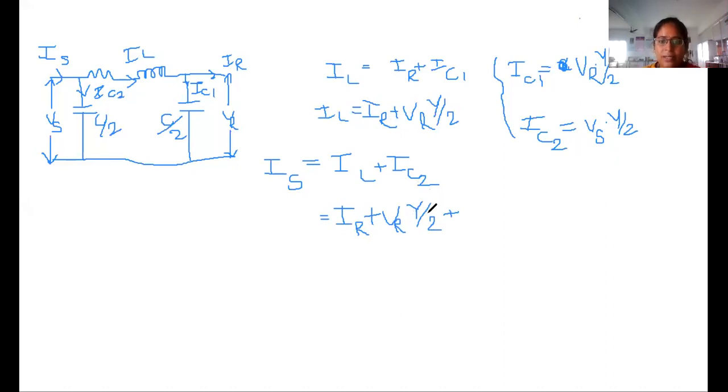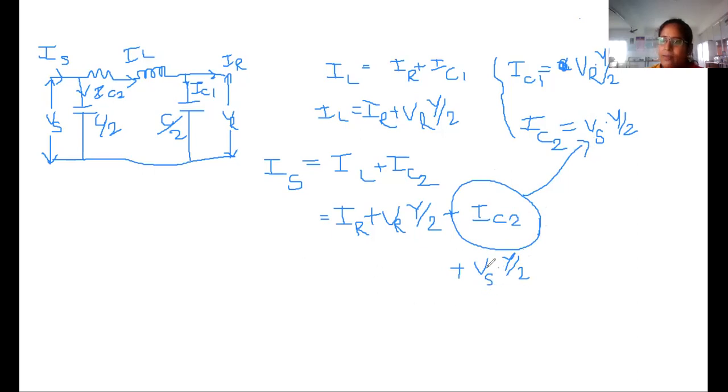And in the place of IC2 we can substitute the value Vs into Y by 2. So we can find out the sending end current value.